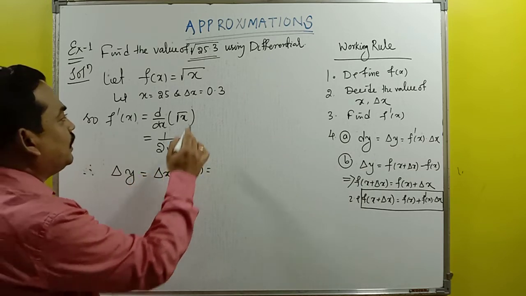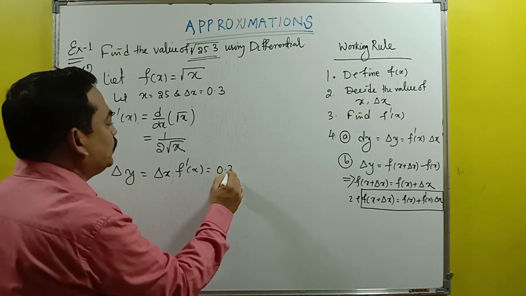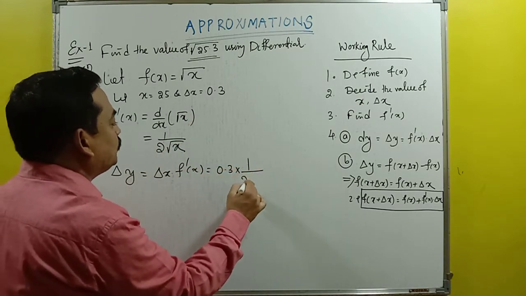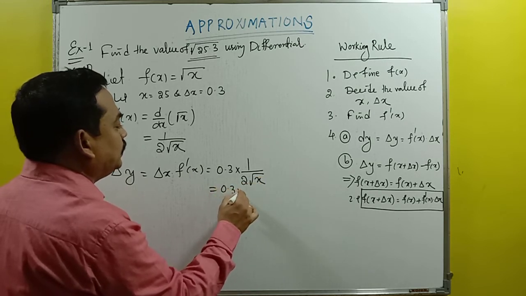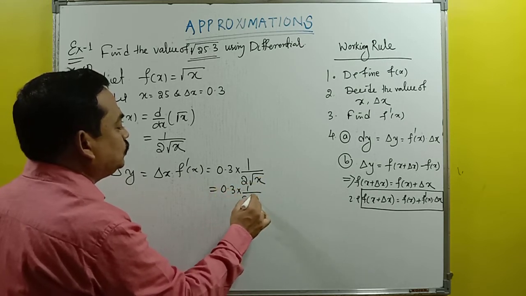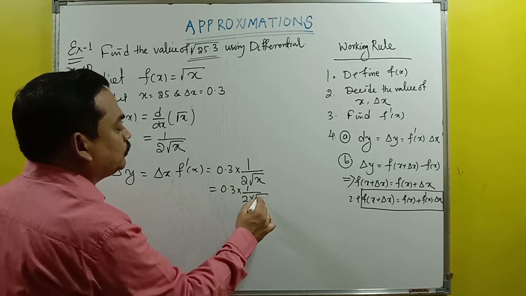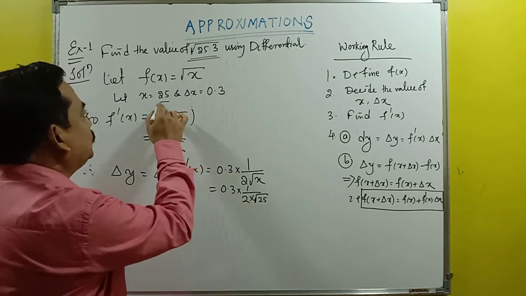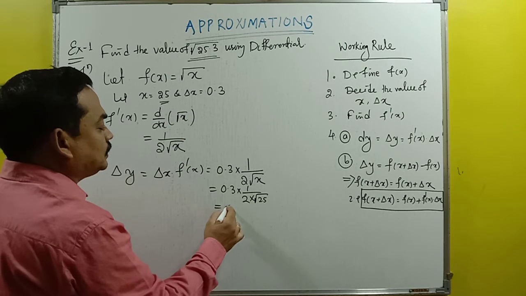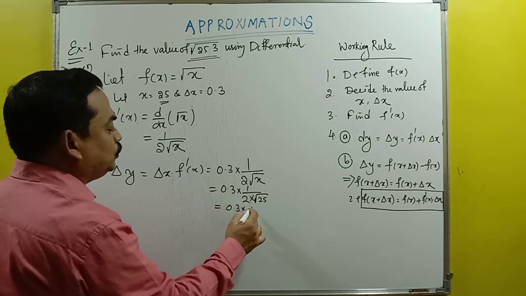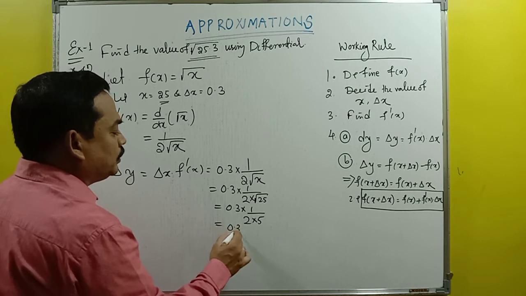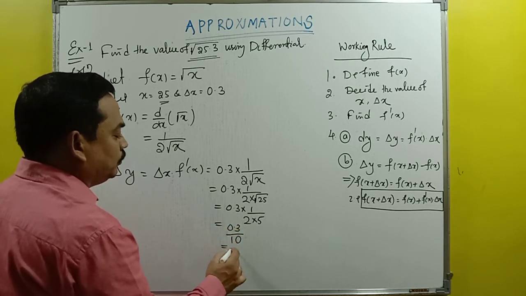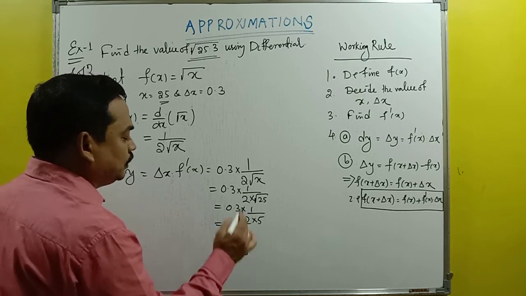So del x is 0.3, f dash x is 1 by 2 root x, that is 0.3 into 1 by 2 into root of 25. This x value is 25 here. So that is 0.3 into 1 by 2 into 5, that is 0.3 upon 10, which is 0.03.